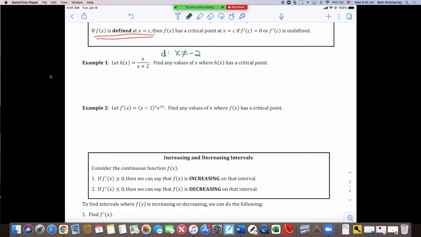When I do these, I stop and think about my domain. And in example 1, when you have a fraction or a rational function, I remember to circle back to it before I'm done.